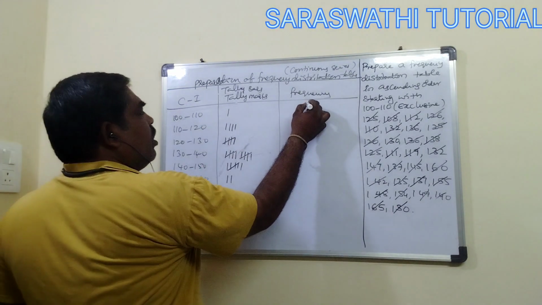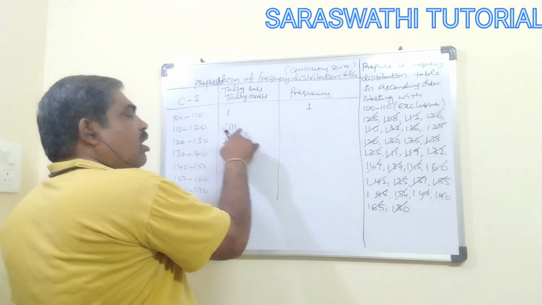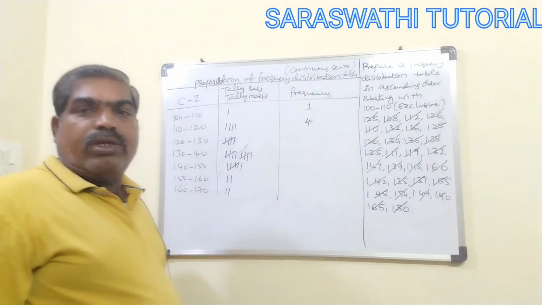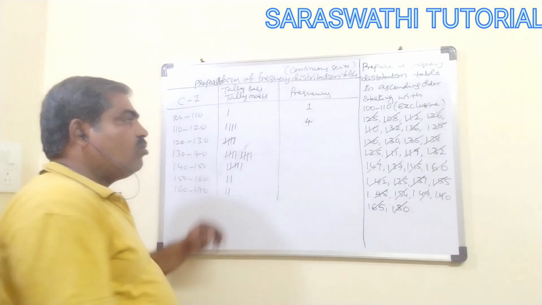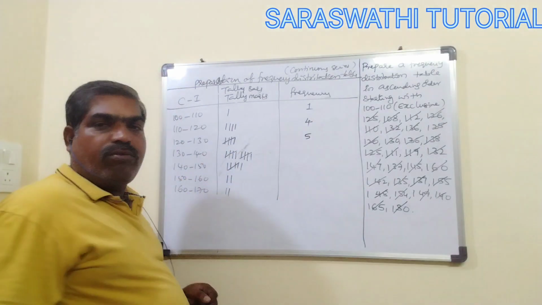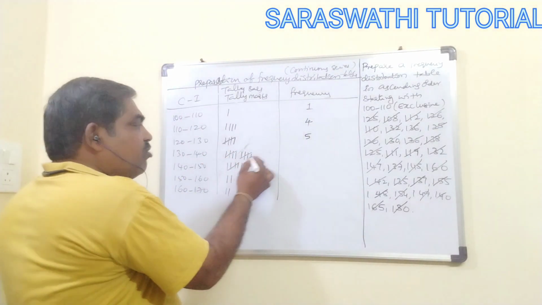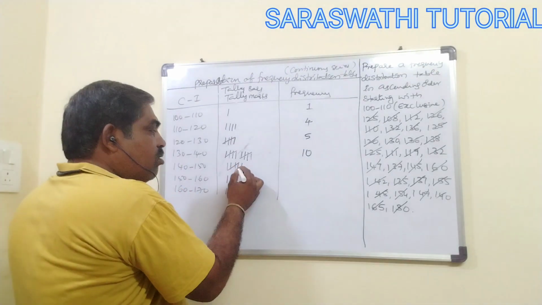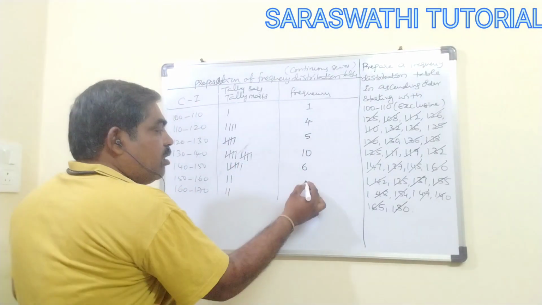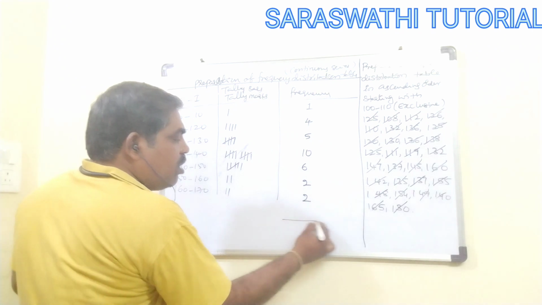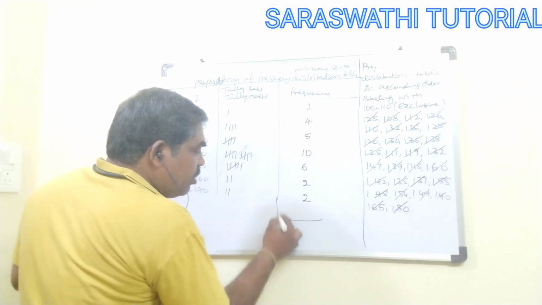First one 1, second one 1, 2, 3, 4. Third one, it is a group of observations, 5. Then 5 plus 5, 10. Then 5 plus 1, 6. Then 2. Then 2. Now, counting all this up.